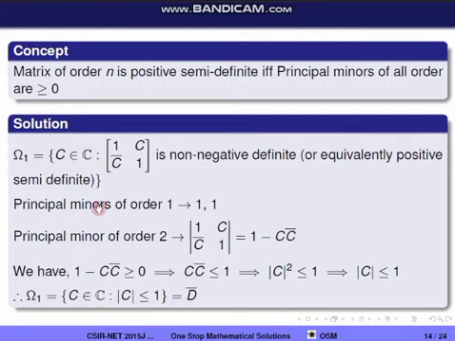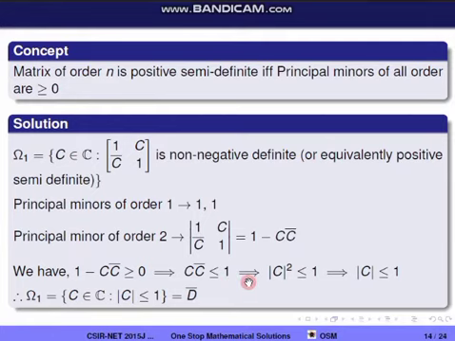So principal minors of order 1 are the diagonal elements, so 1 comma 1, this is essentially greater than 0, and the principal minor of order 2 will be the determinant of this matrix. So determinant of [1, c; c conjugate, 1] is equal to 1 minus c c conjugate, and we need this to be greater than or equal to 0. So we have 1 minus c c conjugate greater than or equal to 0. So this implies c c conjugate is less than or equal to 1. And we know c into c conjugate is equal to mod c squared.